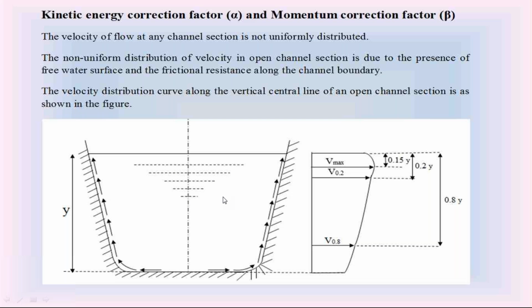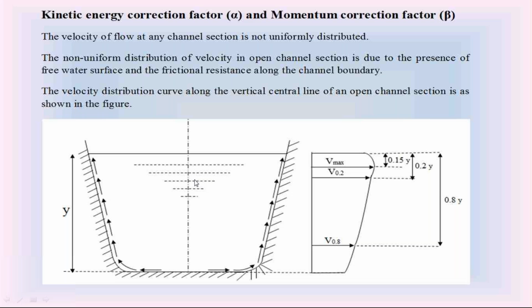So what is that mean velocity? It is the average of the velocity at 0.2 y and the velocity at 0.8 y. By using that mean velocity, we can calculate the kinetic energy and also the linear momentum of flowing water in the open channel.